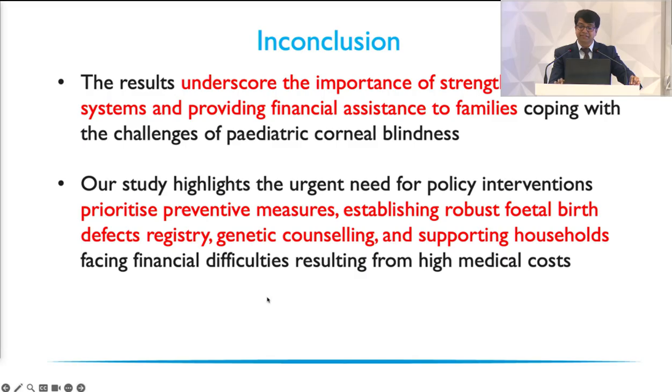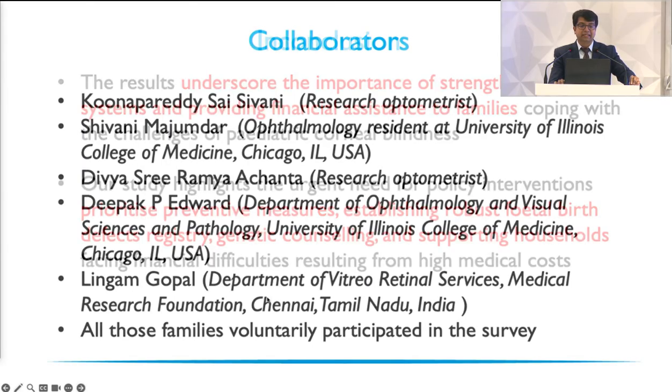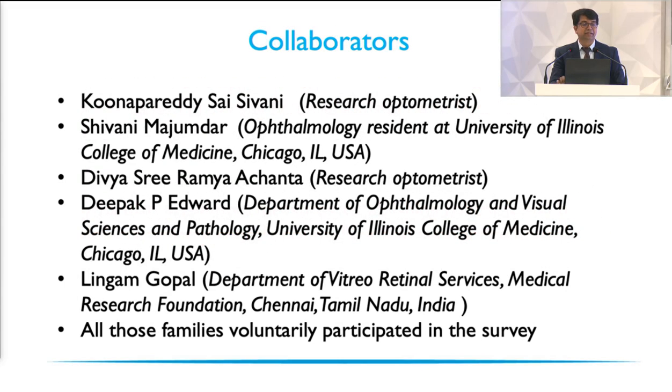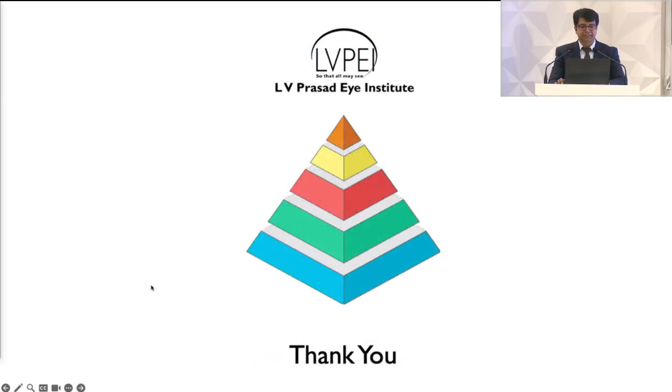I think prevention is much more important, and that was the key message I wanted to give from this particular study. And also we need to strengthen the system to support financial aid to such families to cope up. It is really difficult for the lifetime of the family and also the child. I thank all my collaborators in putting together this project. Thank you for your kind attention.